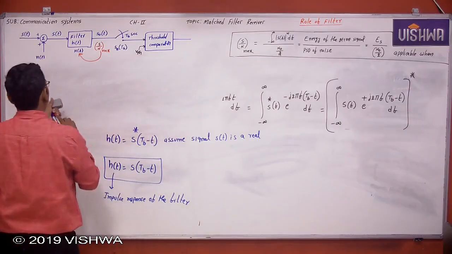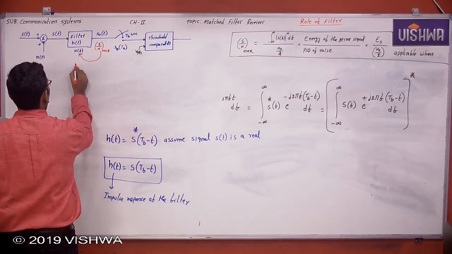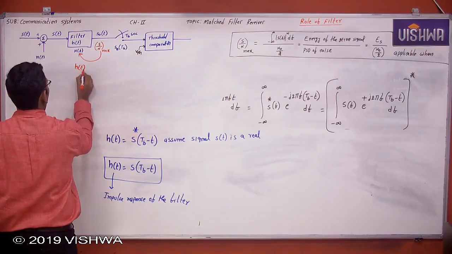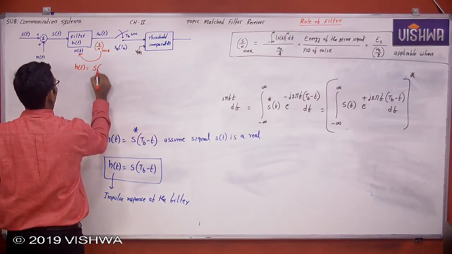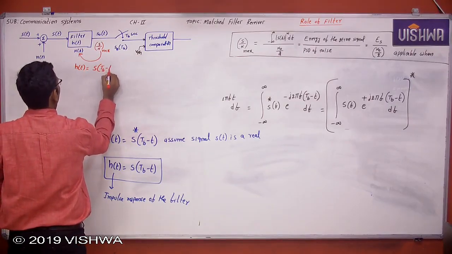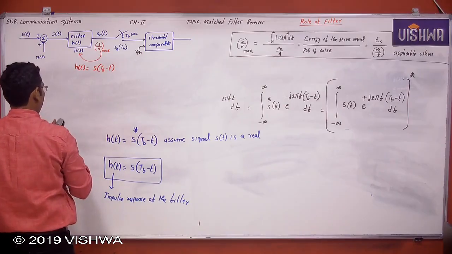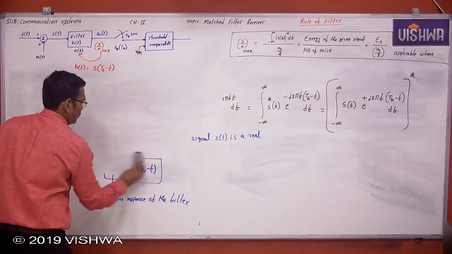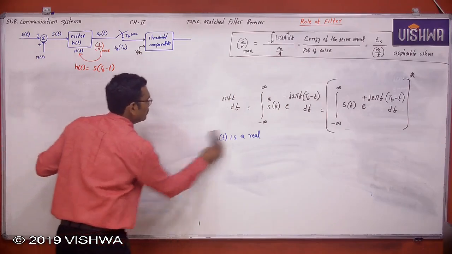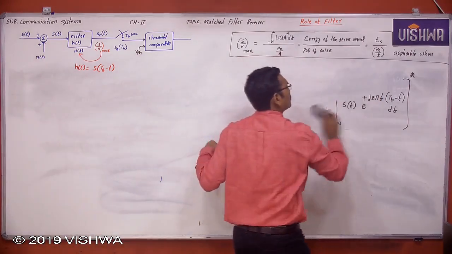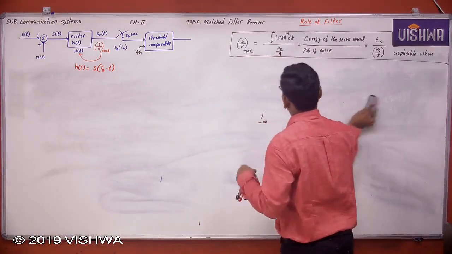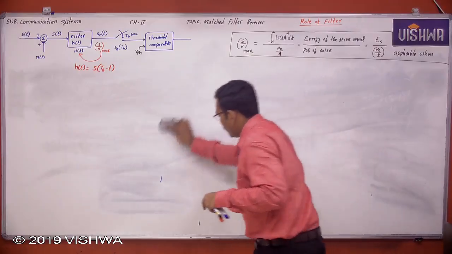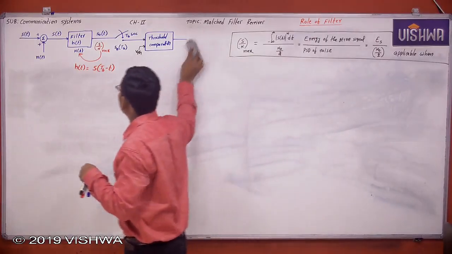Now finally, what is the impulse response of the filter? The impulse response of the filter is nothing but s of (tb minus t). First we'll see one small question so that you can easily understand.